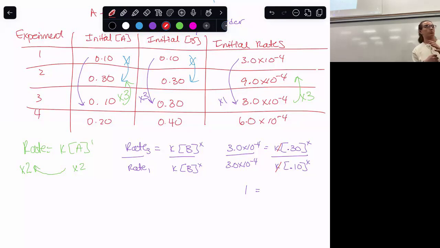What is 0.3 divided by 0.1? 3. Yep. So that's 3 to the X power. Now what exponent in that X spot gets 3 equal to 1? 0, right? Anything to the 0th power is 1. So 1 equals 3 to the 0, which turns into 1 is equal to 1.